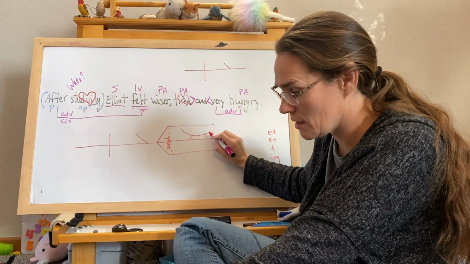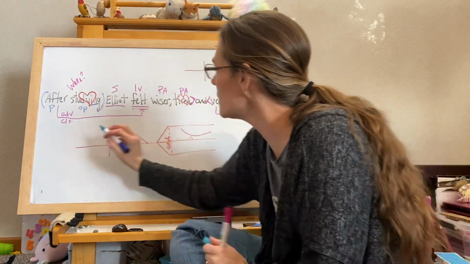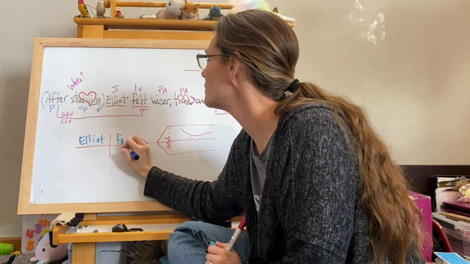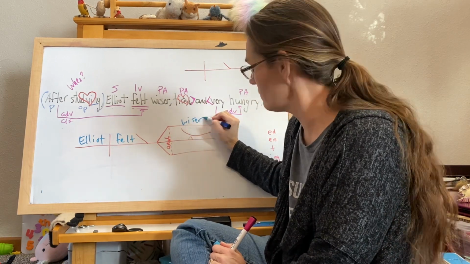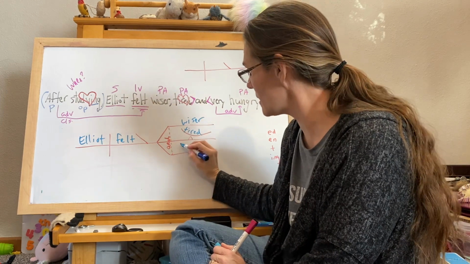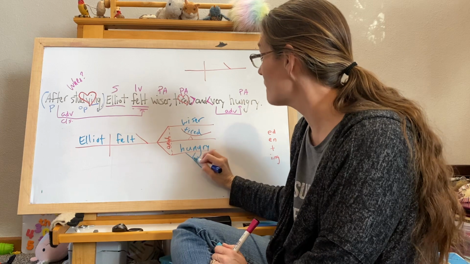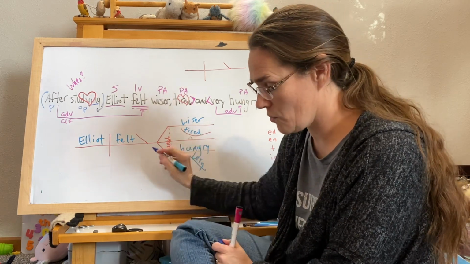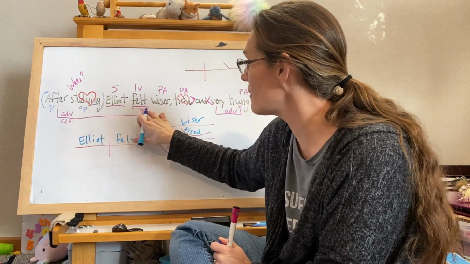And so let's fill this in. I have Elliot felt wiser, tired and hungry. To what extent was he hungry? Very hungry. Very. Down here we have, remember, after studying is modifying our verb.